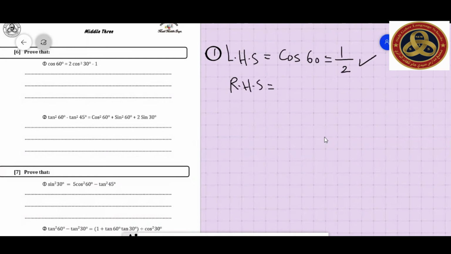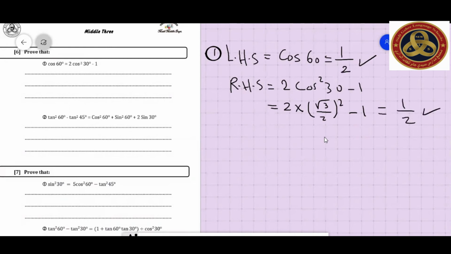By the same way, the right hand side is 2 cosine 30 power 2 minus 1. Two times cosine 30 power 2, calculated by using the calculator, will be root 3 over 2 all power 2, minus 1, and calculated by using your calculator, it will also be 1 over 2.